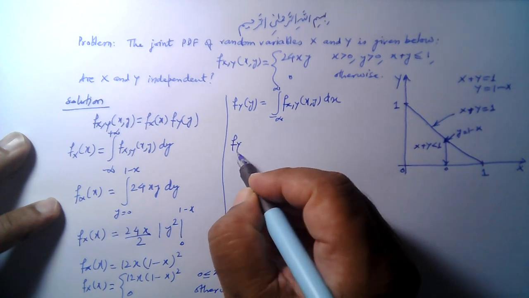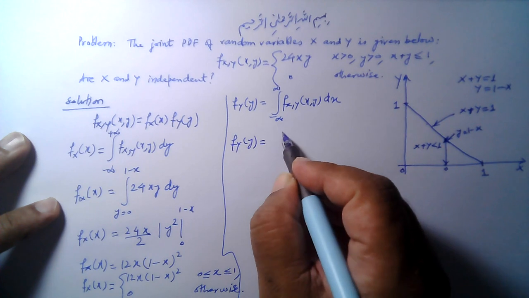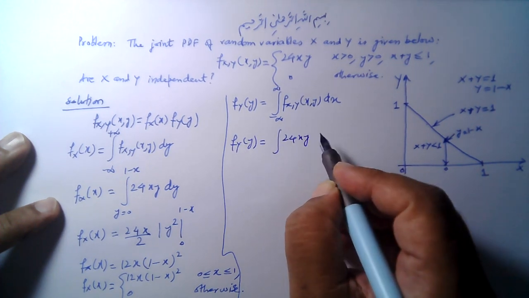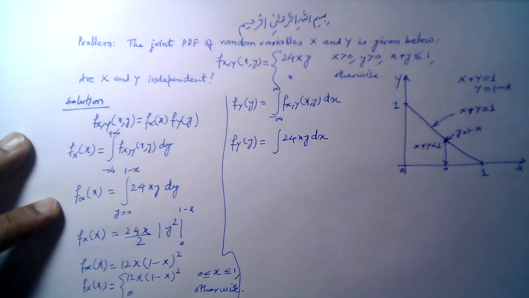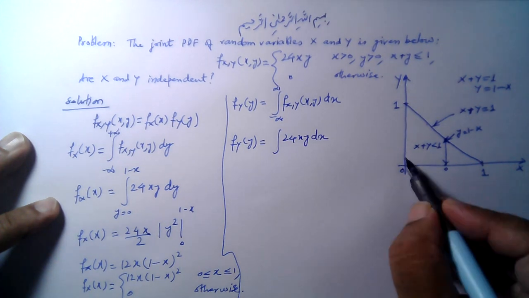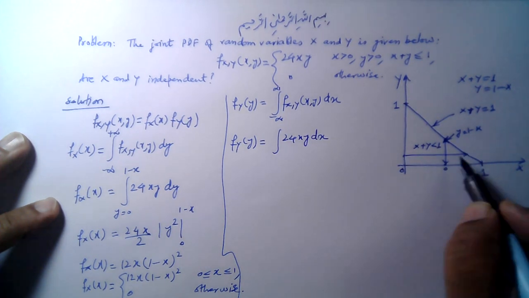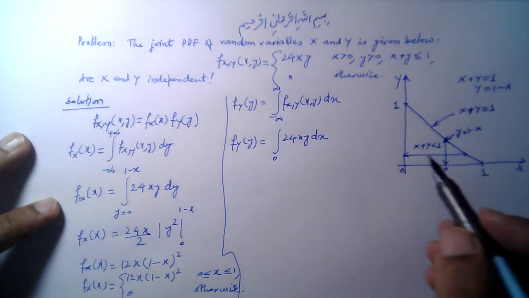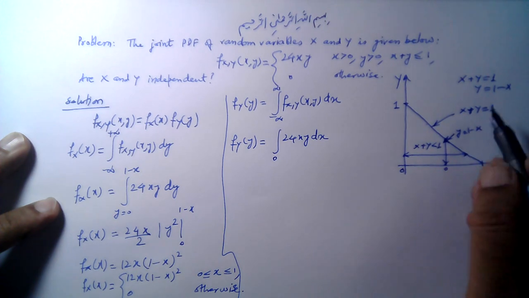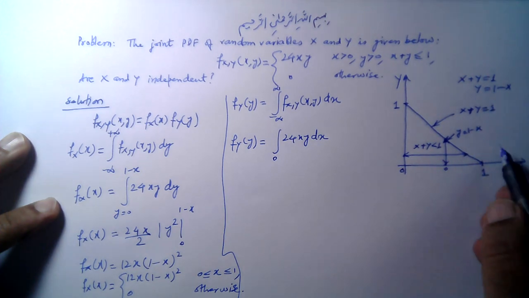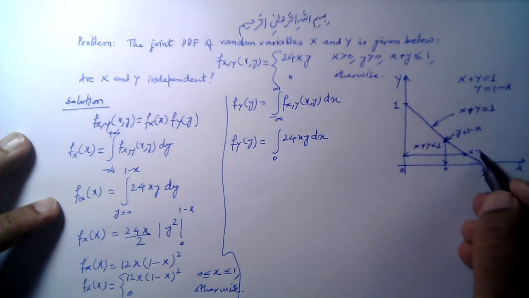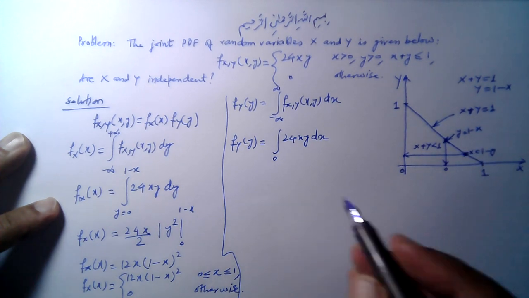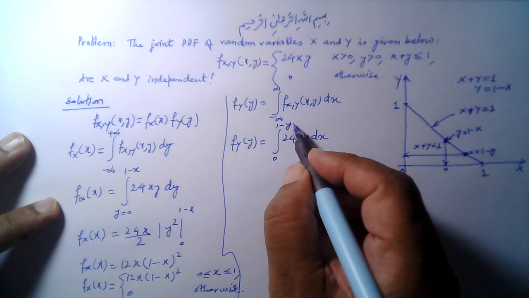So f_y(y) is given by the integral of 24xy dx, and x will vary now from here to here. x is 0 here, and in terms of this equation, x is 1 minus y here, for example, right? So this is 1 minus y.